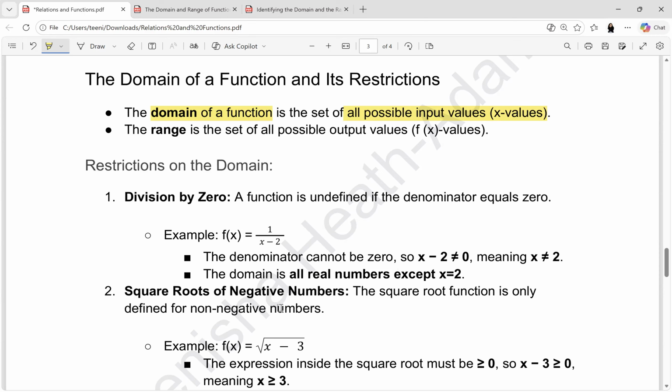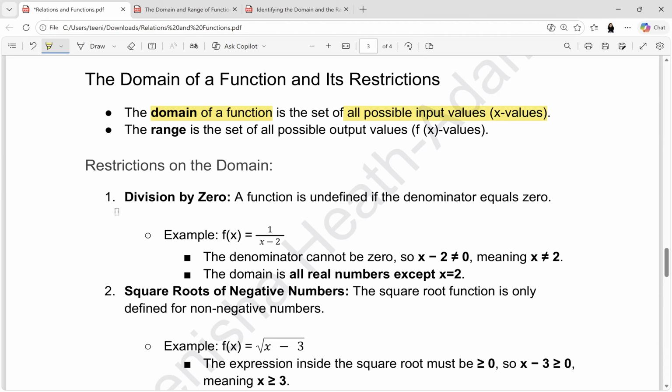Now, it's not always the case that your domain will be all the real numbers. Typically, the domain of a function is all the real numbers, but sometimes you may have a restriction on the domain. And all that means is that the function cannot exist at that point, right?